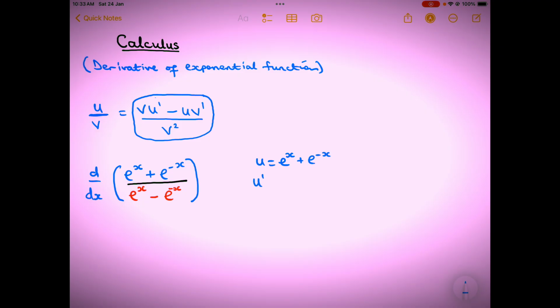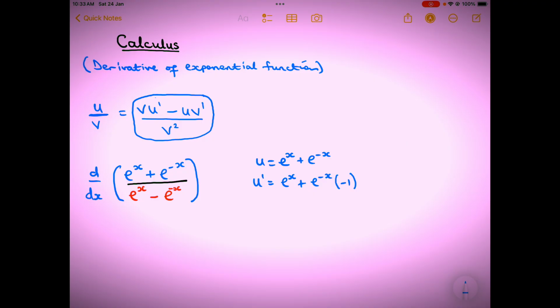Then u prime, which is the derivative of the function u, is equal to e to the power of x plus e to the power of minus x, multiplying minus 1. Don't forget, in the previous lesson I explained how to differentiate an exponential function.